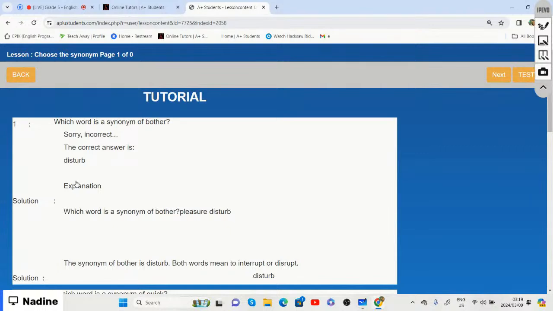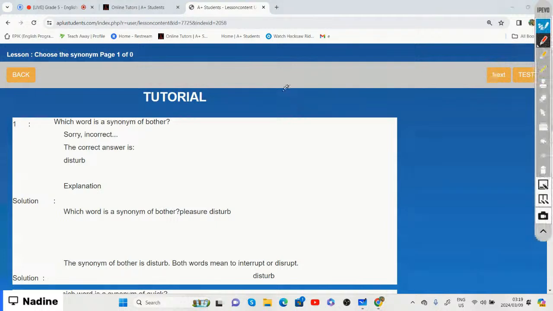So we said synonyms are words with the same meaning or almost the same meaning to one another, right? So now we need to see what is the word that is the same as bother. If somebody's bothering you, what is another word for bother?